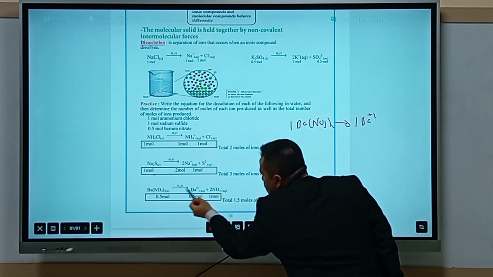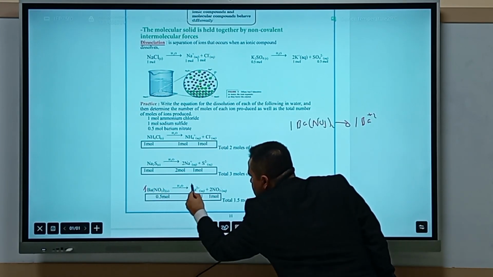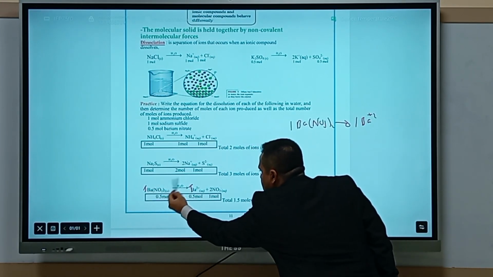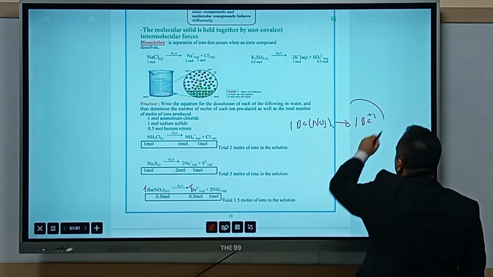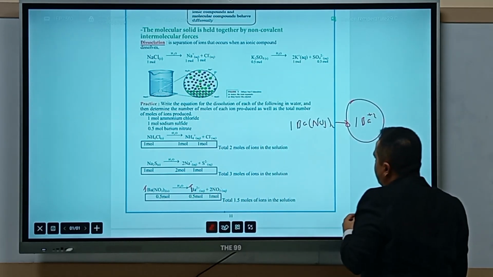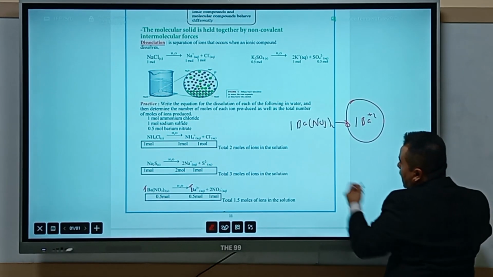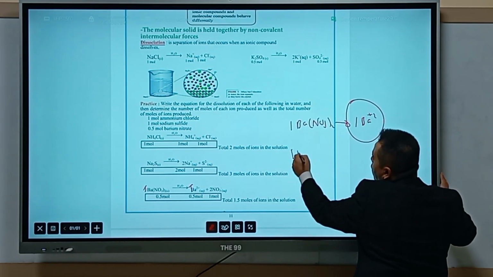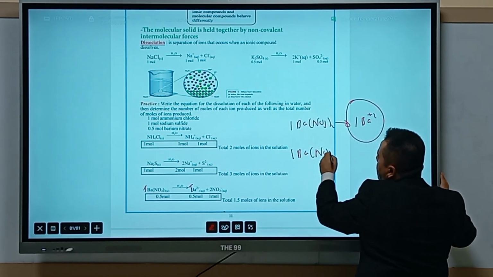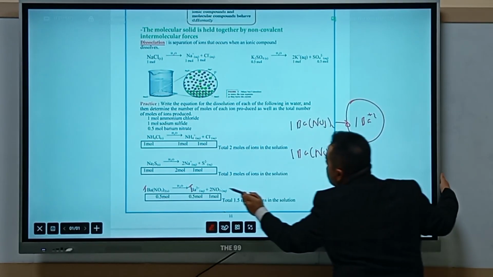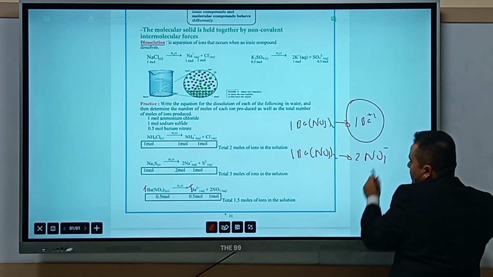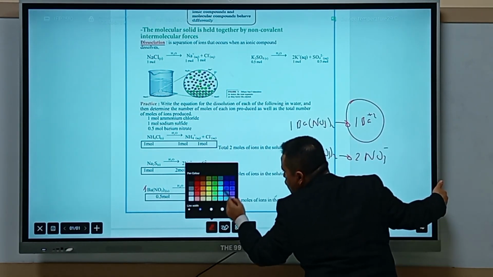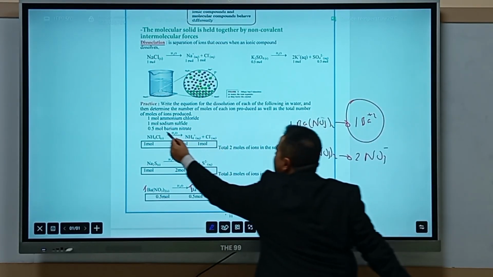So 0.5 will produce, whenever the coefficients are equal, any amount of one will produce the same amount of the other. So 0.5 mole of Ba positive. How about 1 mole of Ba(NO3)2? It produces how many NO3? 2 NO3 negative. The second ratio must be taken from the given quantity.